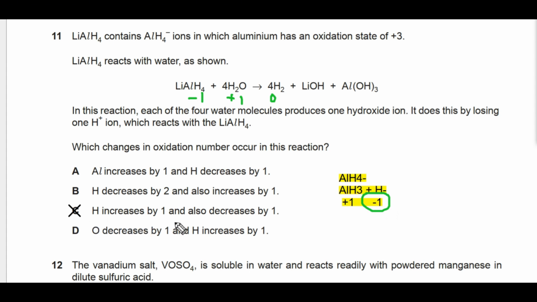So hydrogen increased by 1, here minus 1 to 0, so the hydrogen oxidation number increased by 1, and here plus 1 to 0, so it also decreased by 1. That means the hydrogen oxidation number 1 increased and 1 decreased.